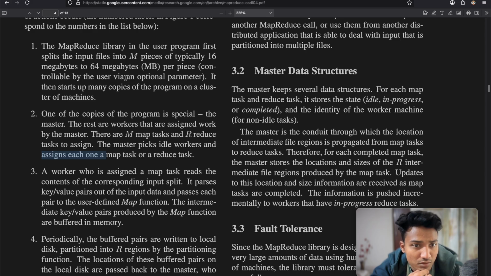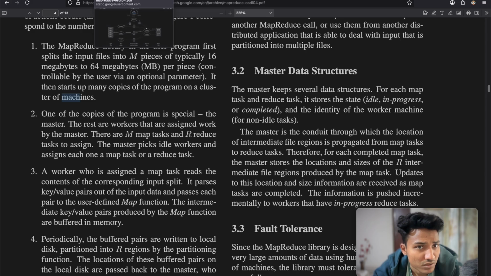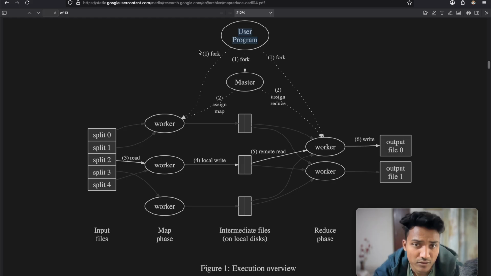It also then starts up many copies of the program on a cluster of machines. Okay, so there's no forking involved till here. Basically, we have the MapReduce library in the user program. It splits and partitions the input file, and that's it. Okay, got it.